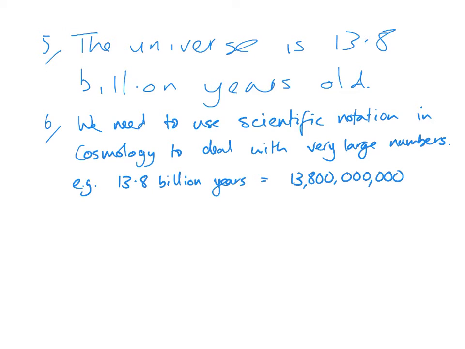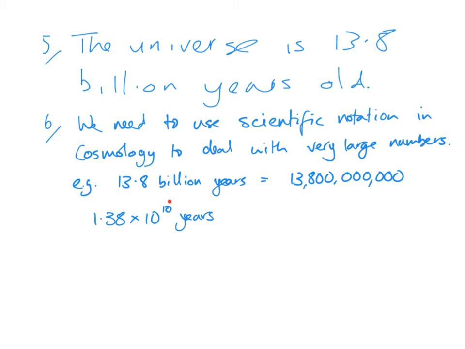Now, in scientific notation, this is 1.38 times 10 to the 10 years. And what that means, remember, is that we're multiplying it by 10 times. That's what the 10 to the power 10 means.